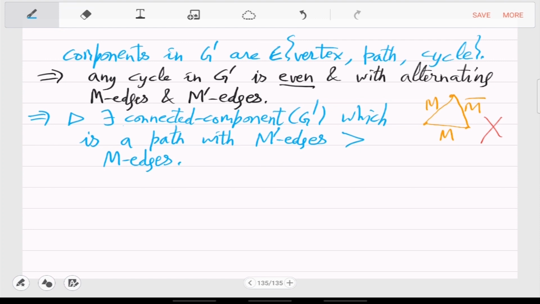So in a path, how many more M prime edges can there be than M edges? It can only be one, right? Because again, the pictorial proof is: if this path of length 3 has more M prime edges, then the only way is the following.